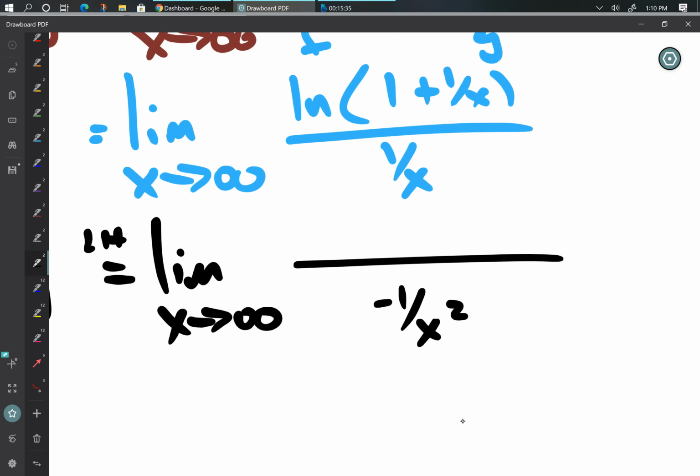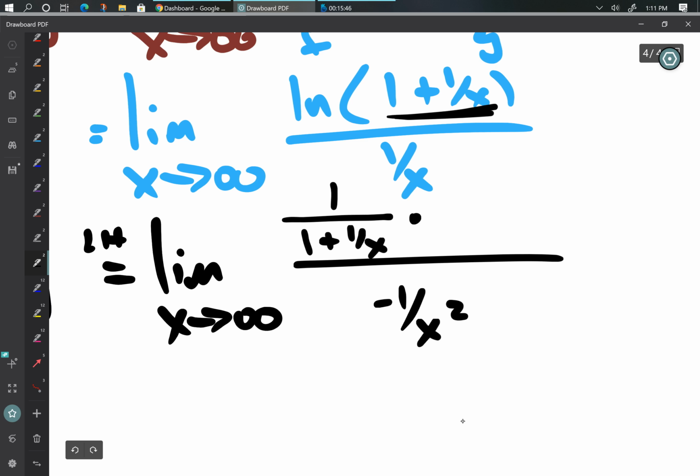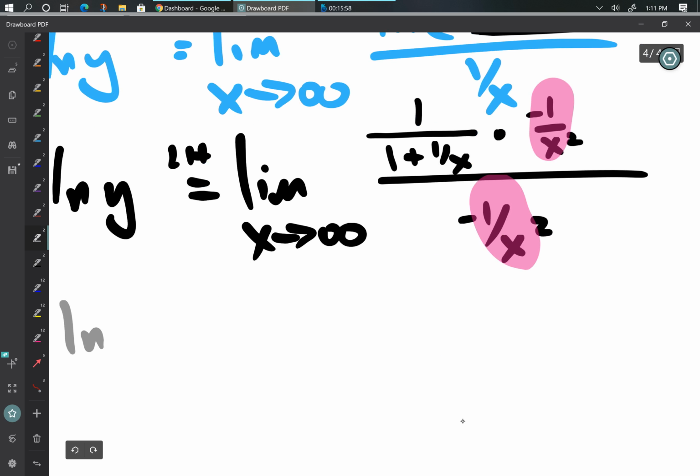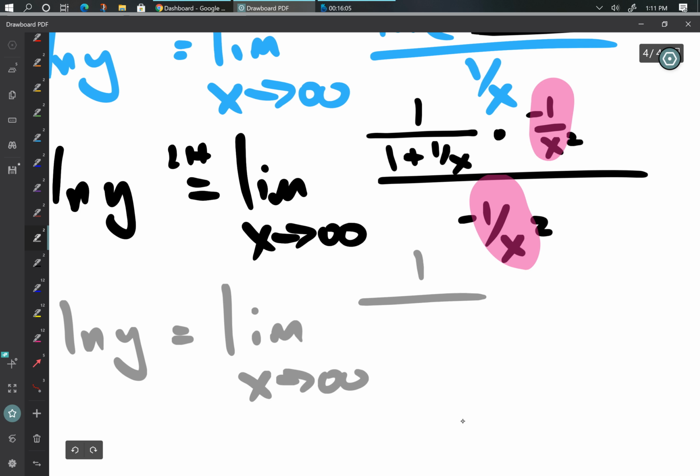Let's see, the derivative of that numerator is going to be 1 divided by 1 plus 1 over x, times the derivative of just the inside for chain rule, so a negative 1 over x squared. Ooh, but looky, that's the same as that. So then by algebra, the natural log of y is going to be equal to the limit as x approaches infinity of 1 over 1 plus 1 over x.